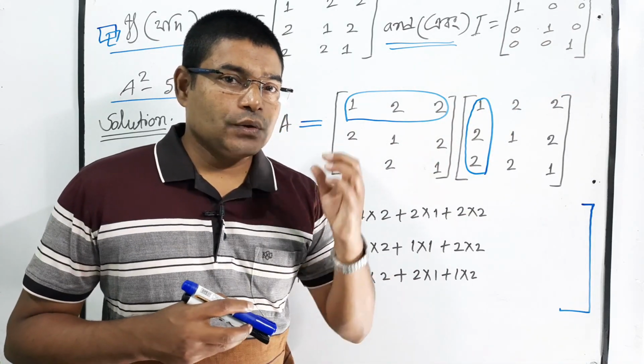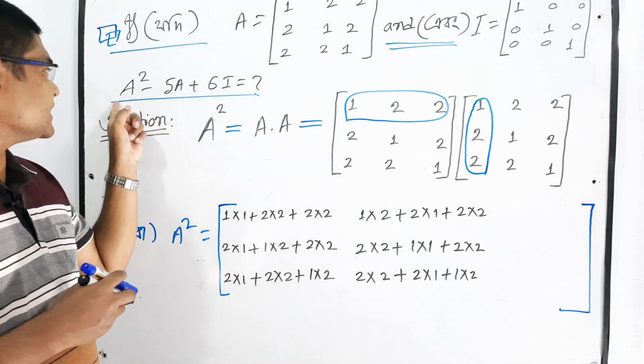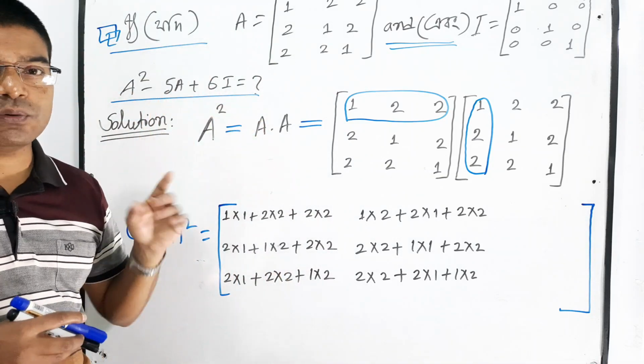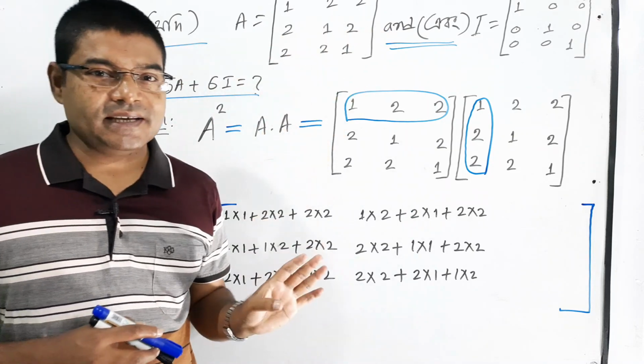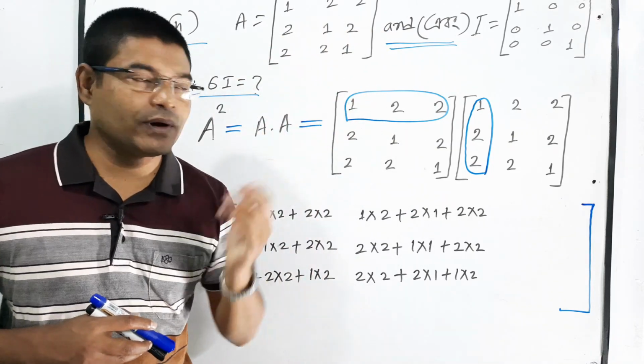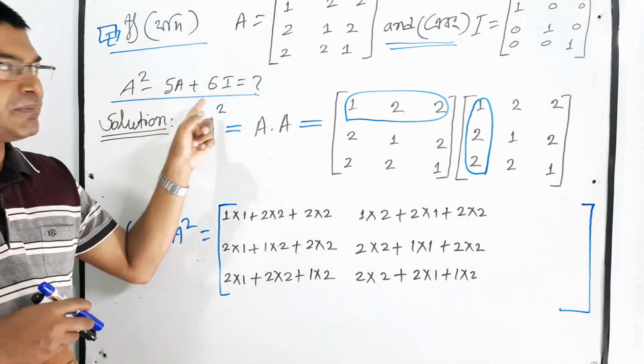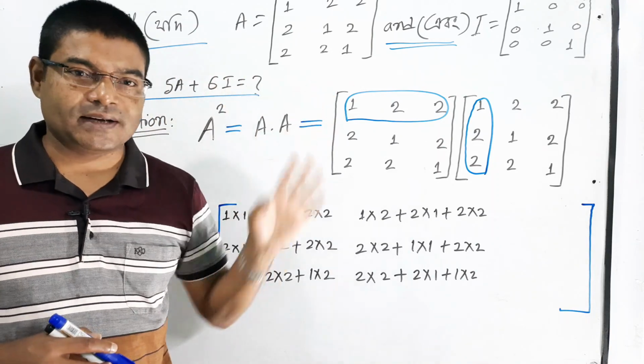You have to find out A square minus 5A plus 6I equals what? Here A and I are given.